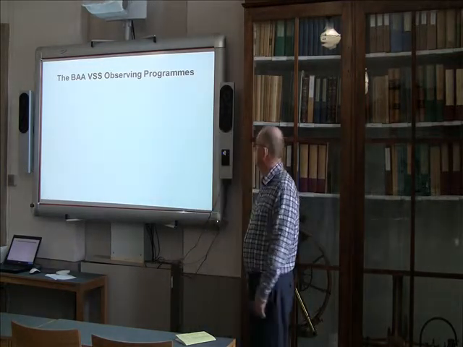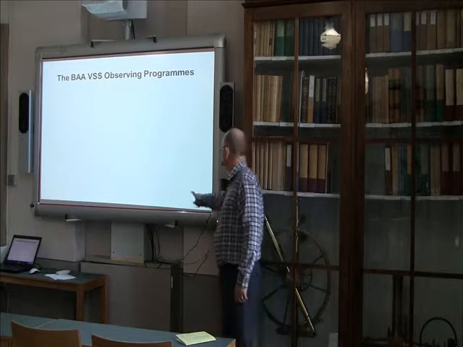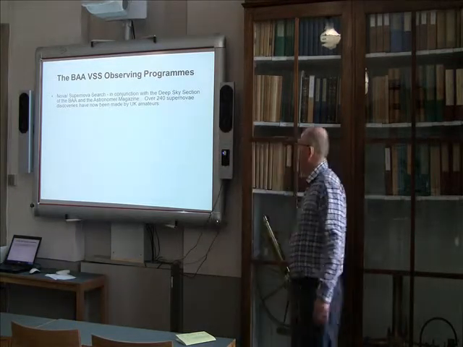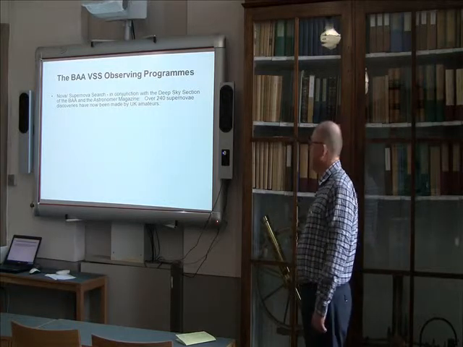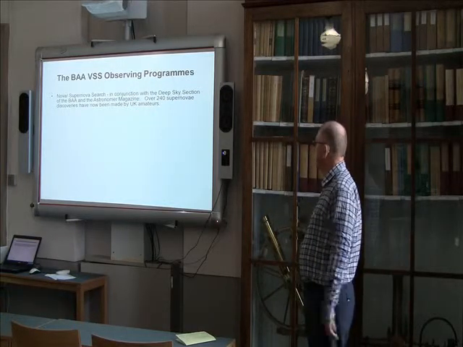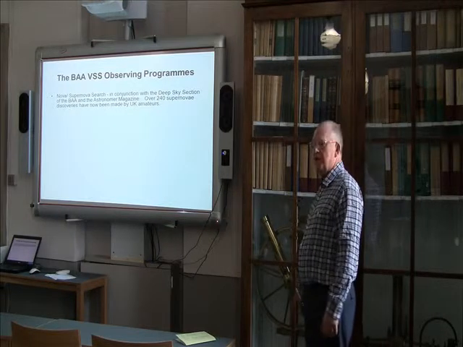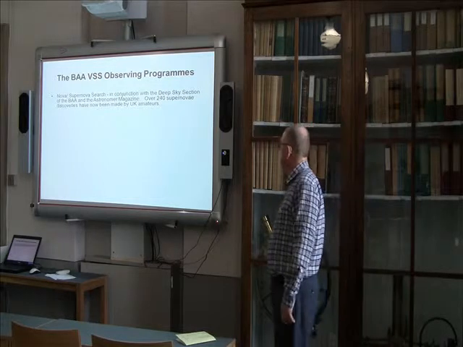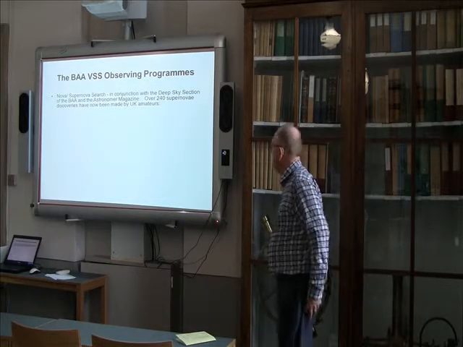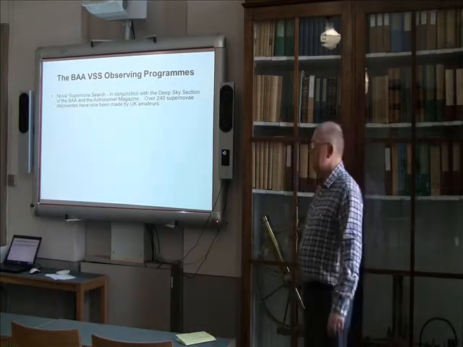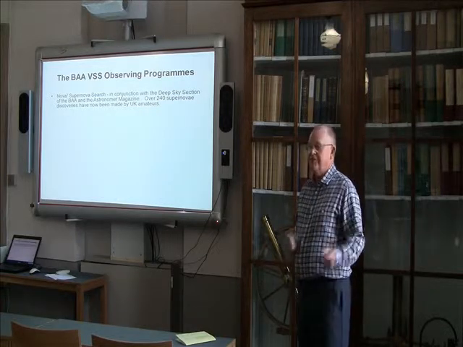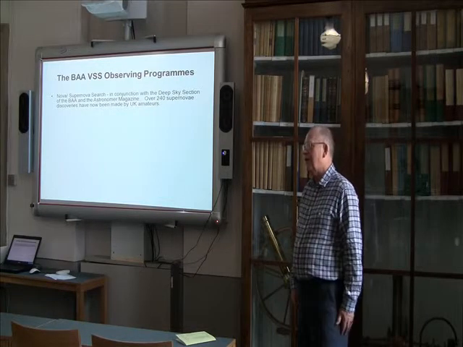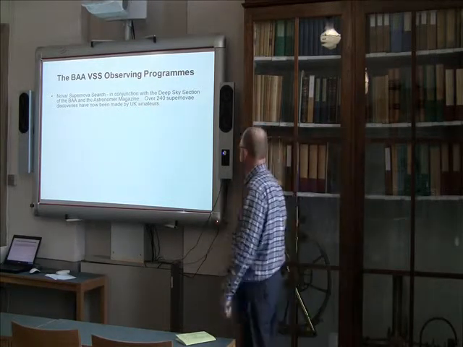Our visual observing programs: a nova-supernova search in conjunction with the deep sky section of the BAA and the Astronomer magazine. Over 240 supernova discoveries have now been made by UK observers, so there's still work to be done if you're looking for a supernova.